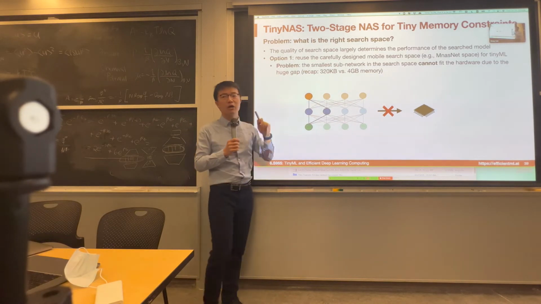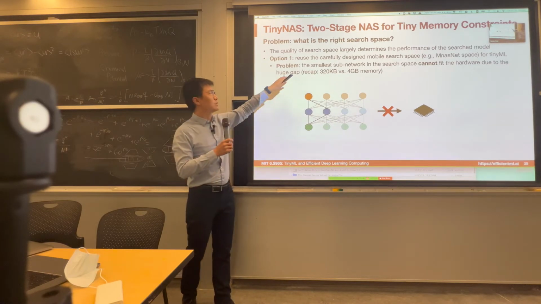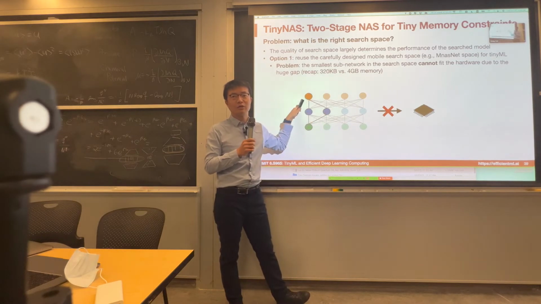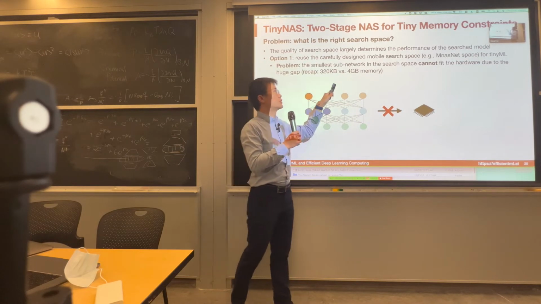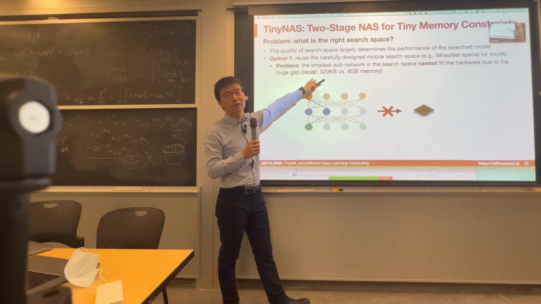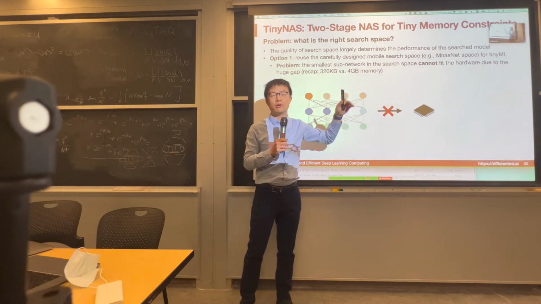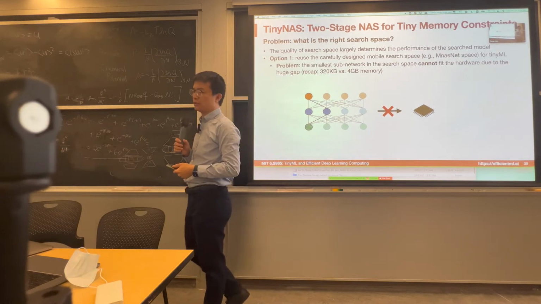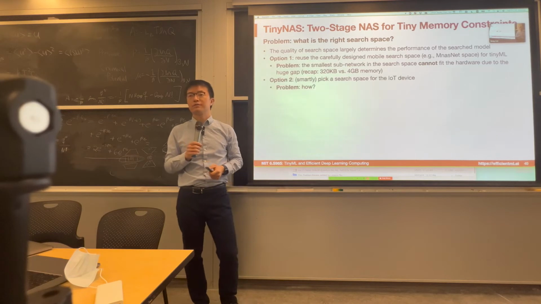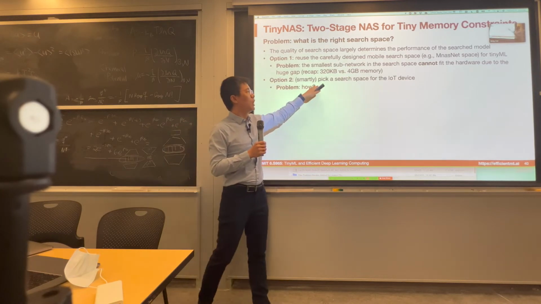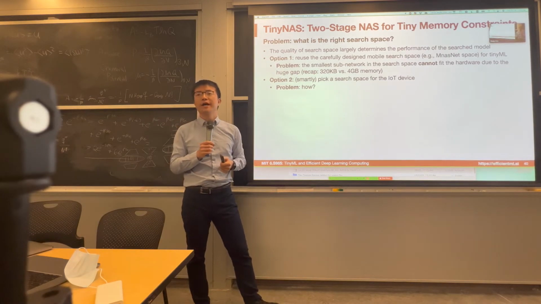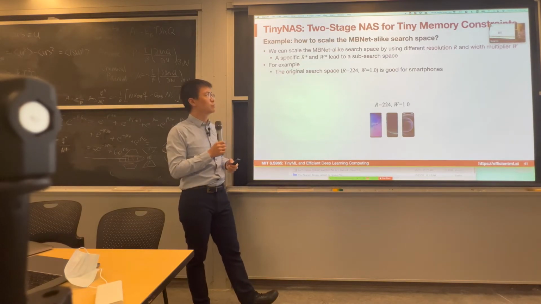So this option is not quite viable because even the smallest subnetwork in this search space still cannot fit the hardware resource. For example, a microcontroller has 300 kilobytes versus a mobile phone has 4 gigabytes of memory. So it's hard to reuse the mobile search space. Therefore, we want to pick a customized search space for this IoT device. And how do we do that?